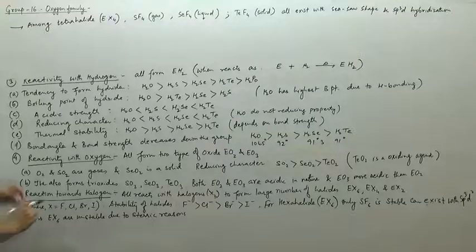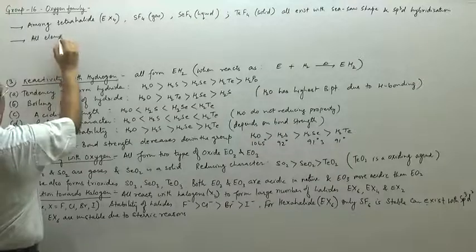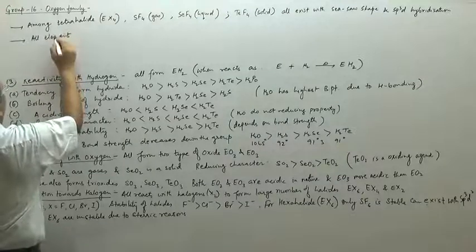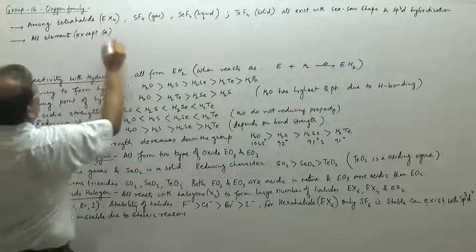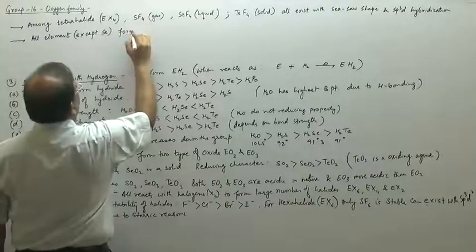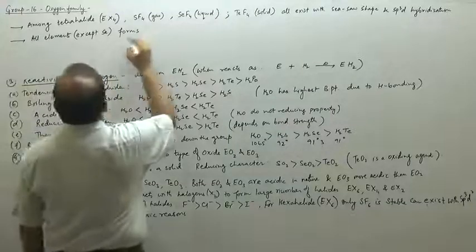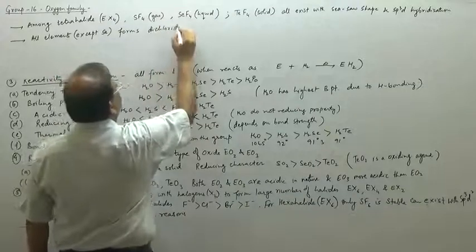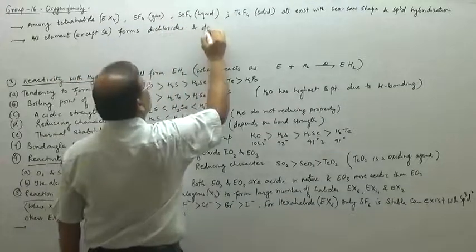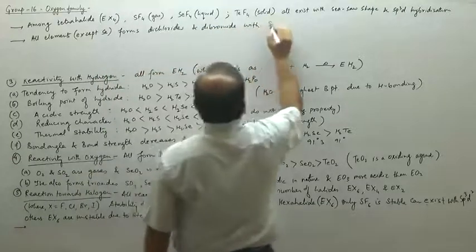All elements except selenium form dichlorides and dibromides with sp3 hybridization.